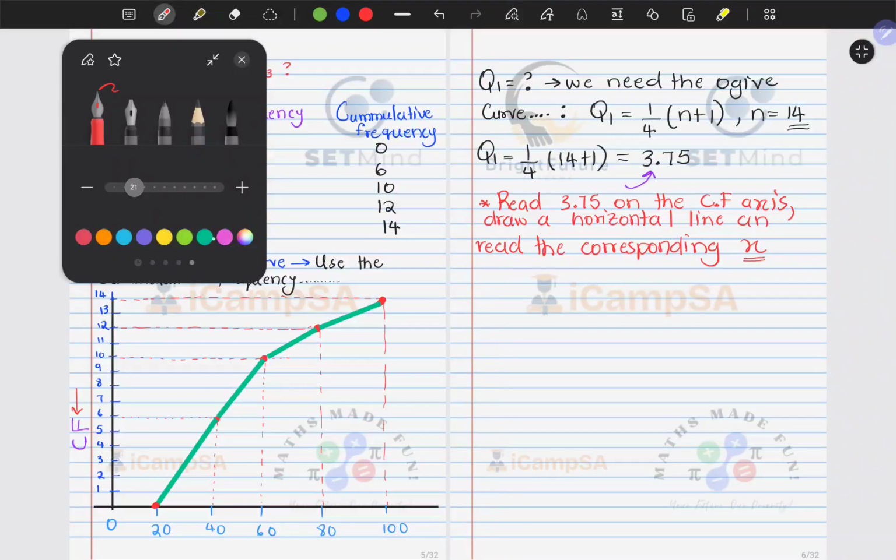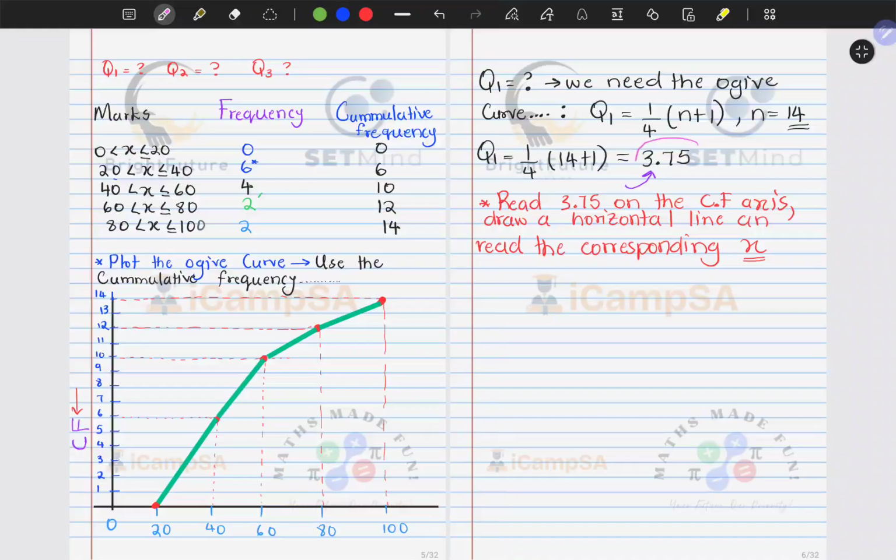Well, here's what I mean. If you look at our Q1, it's 3.75. This is not drawn according to scale, so it would be roundabout here, just before 4. Then you draw down and read the value that we are pointing at there.